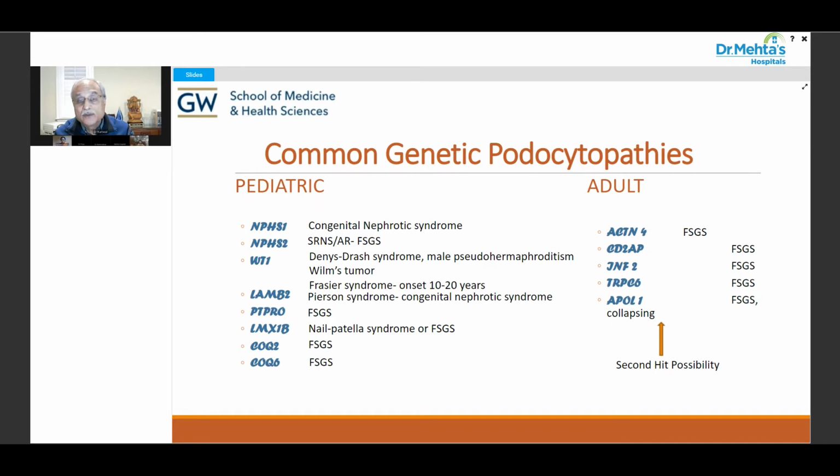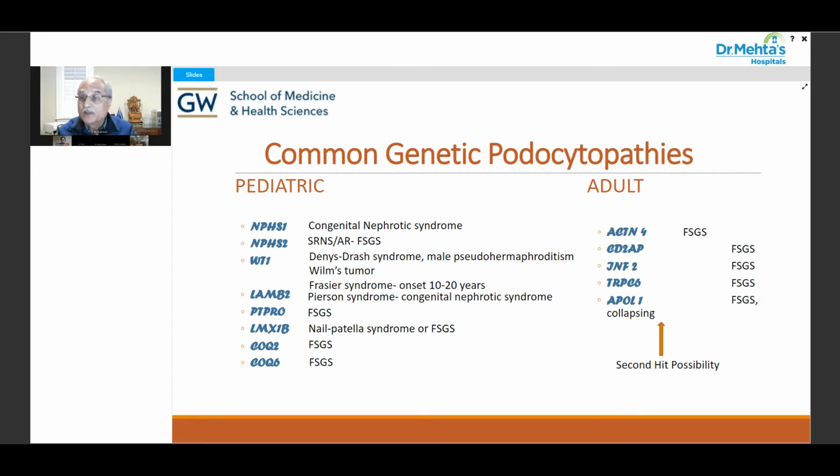Generally speaking, if you look at the entire gamut of pediatric podocyte disorders or nephrotic syndrome, roughly 30% are due to genetic diseases. The incidence drops relatively quickly, and by the time you reach 12 to 18 years, about 10 to 15% of total patient volume would have genetic causes. The majority would not, or at least we don't know yet. There may be genes that have still to be found.